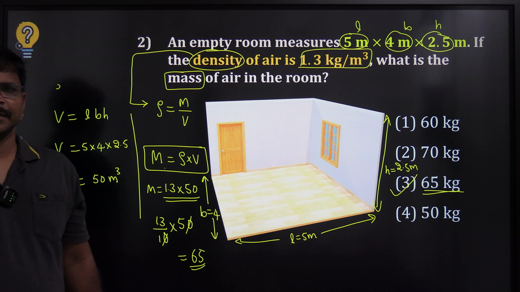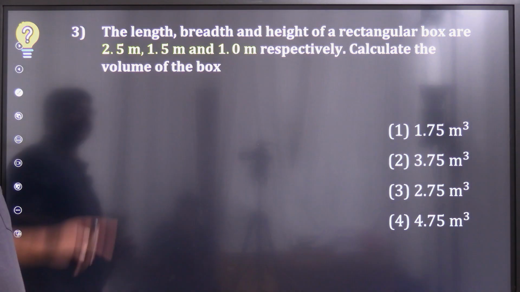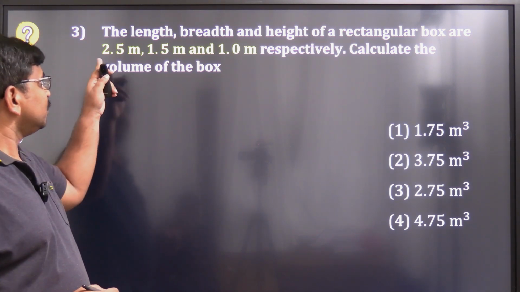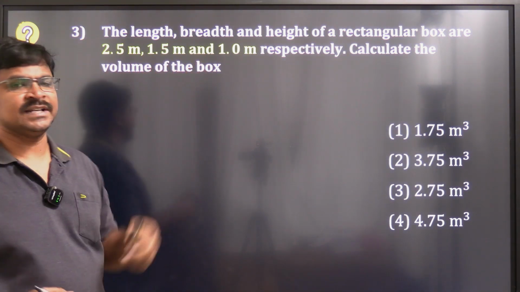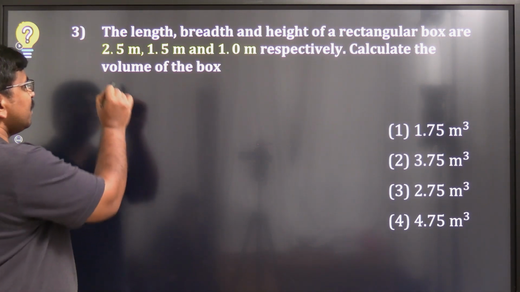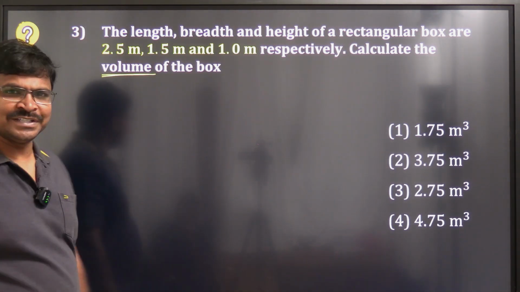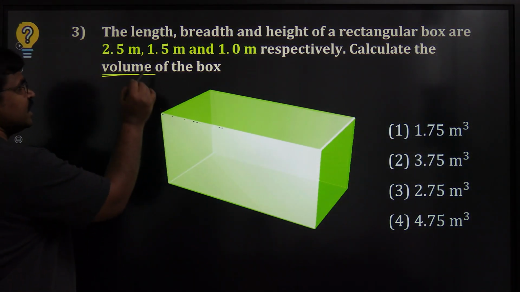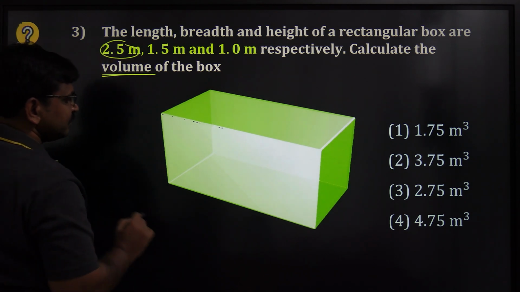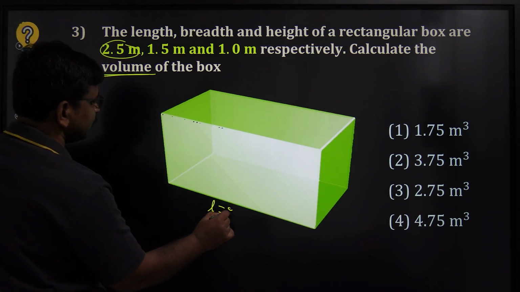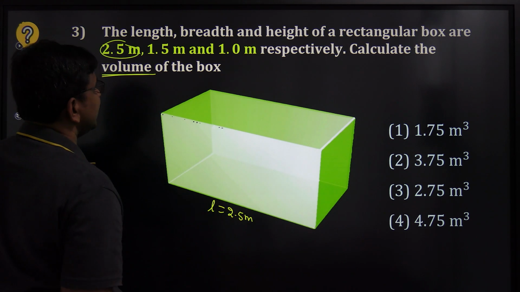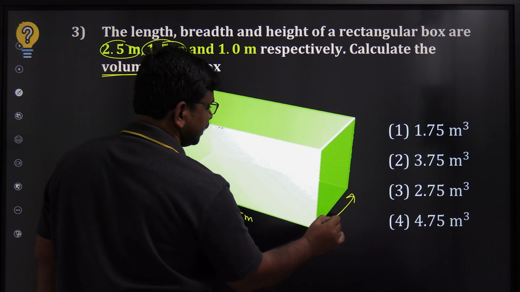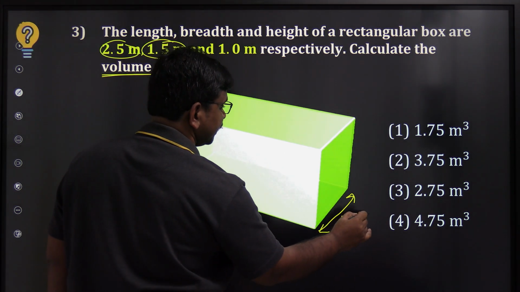Yes. And now next question. The length, breadth and height of a rectangular box are 2.5 meter, 1.5 meter and 1 meter respectively. Calculate the volume of the box. So let me take the box here and the given measurements are: length of the box is 2.5 meters, and breadth is 1.5 meters, so B is equal to 1.5 meters.